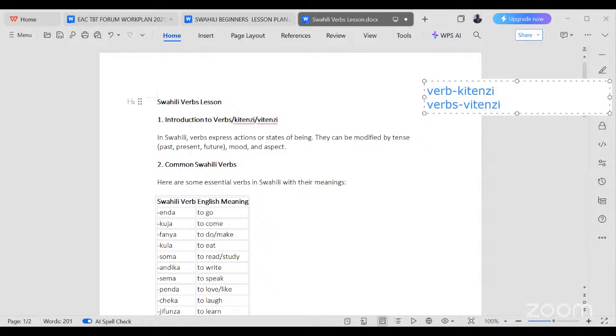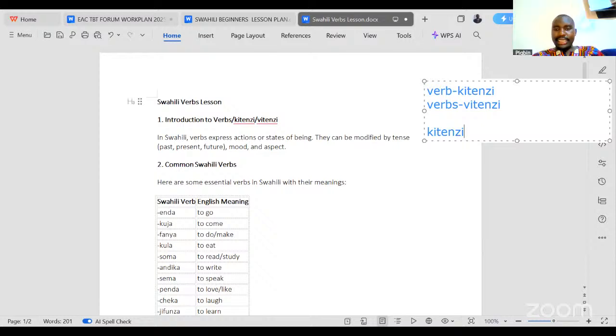Now, the word kitenzi comes from the word tenda, and tenda means do, and that's why English says a verb is a doing word, which means it explains action.